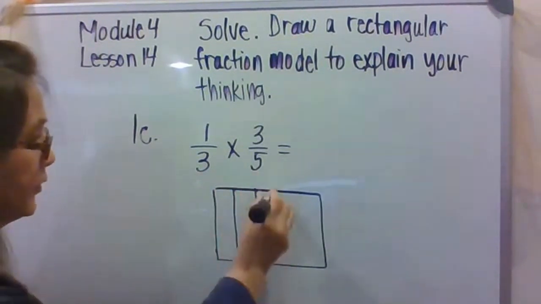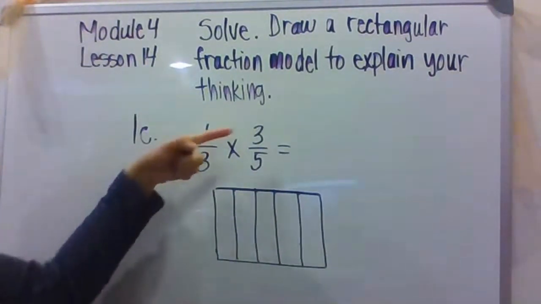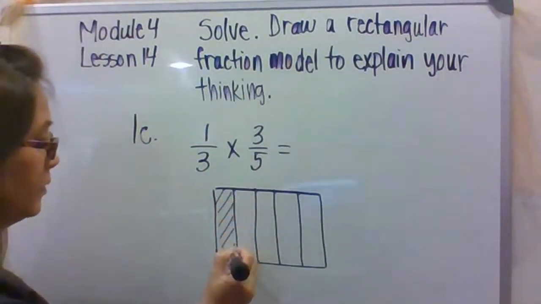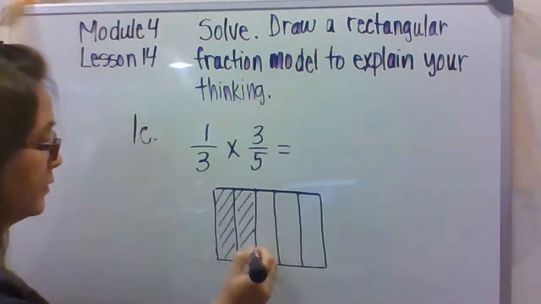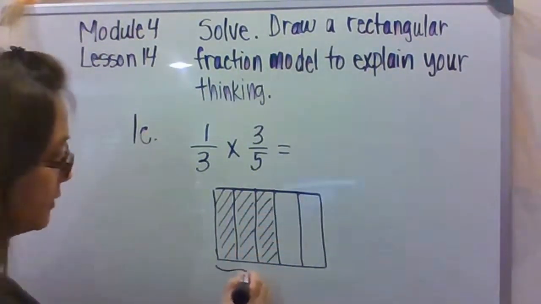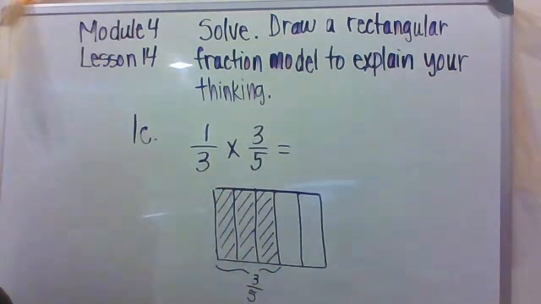1, 2, 3, 4. I've got my 5 equal parts. How many do I need to shade in? Look at your numerator. How many do we shade in? 3. 1, 2, 3. There's my 3/5. I'm going to label this my 3/5. So I know I've used it, right?